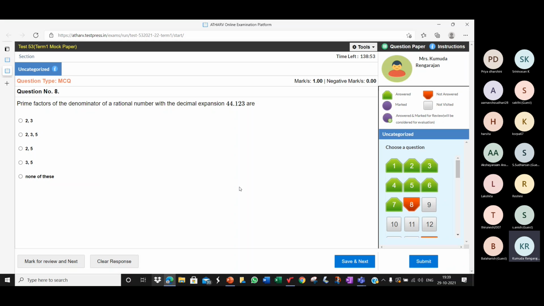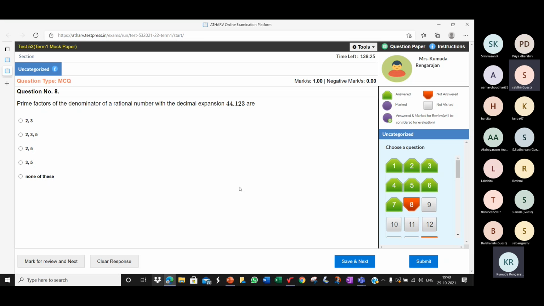But how can you guess 2 and 5? By using prime factorization. No, but how do you justify it can be 2 and 5? We don't have any denominator at all, right? Ma'am, it is a terminating decimal. Yes, Srinivasan, 44.123 is a terminating decimal. And the factors will be 2 and 5.